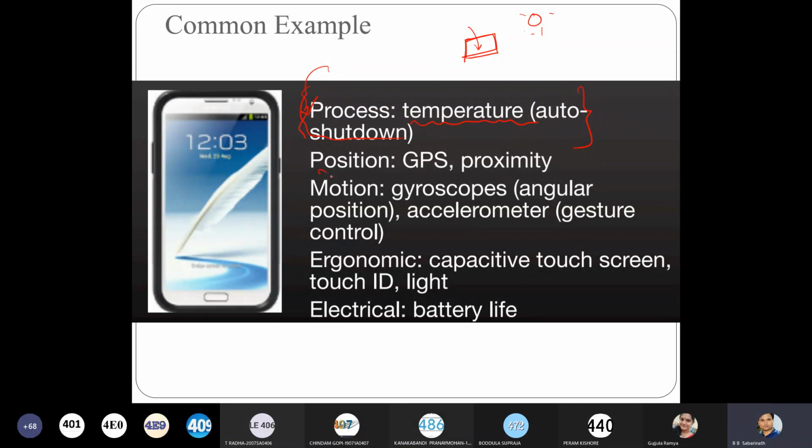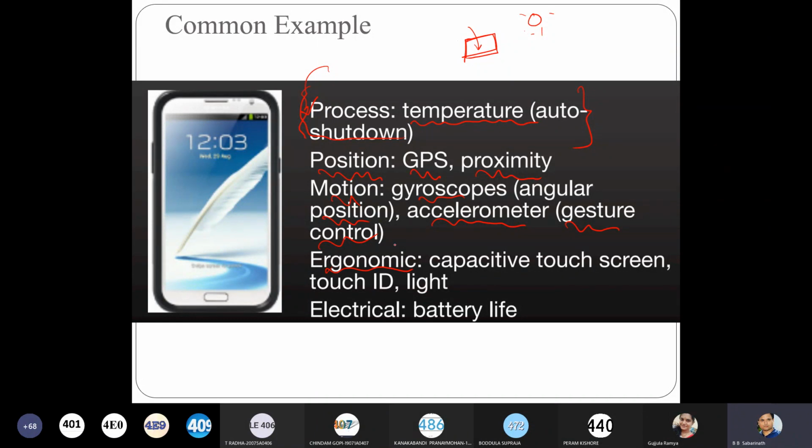Like we have position sensors like GPS, proximity, and motion sensors, gyroscopes to detect the angular position. The accelerometer detects gesture control. Ergonomic sensors like the capacitive touch screen. And finally, electrical sensing for battery life.